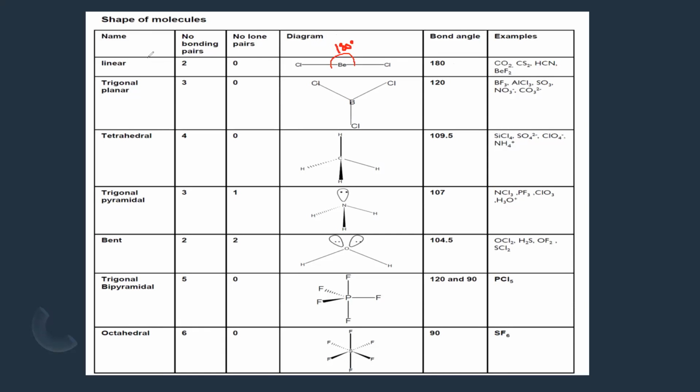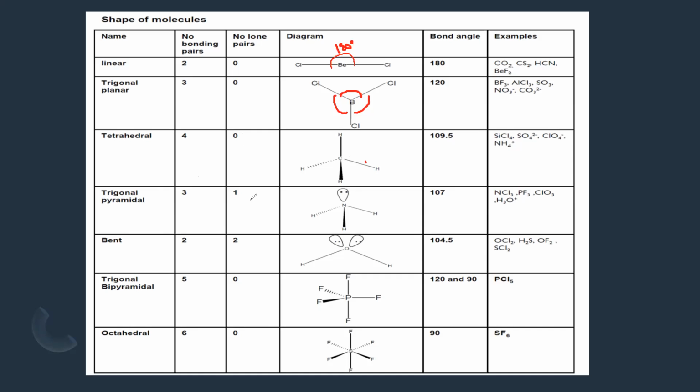We will do an example for each. If there are three bond pairs and no lone pair, then the bond angle will be 120 degrees, and that structure is known as trigonal planar. If there are four bond pairs and no lone pair, then the bond angle is 109.5. You have to learn these angles, and the geometry will be tetrahedral.